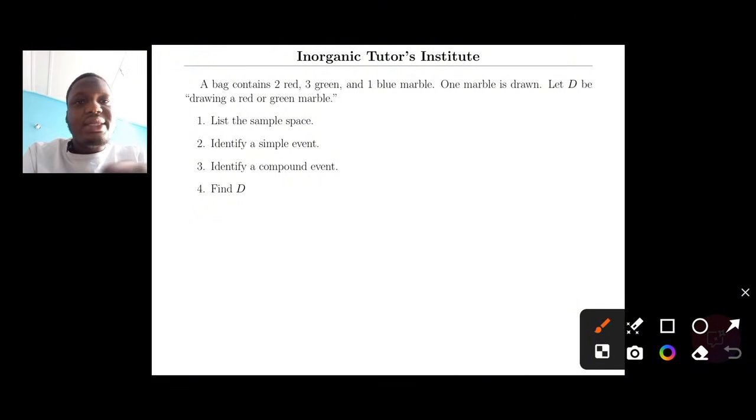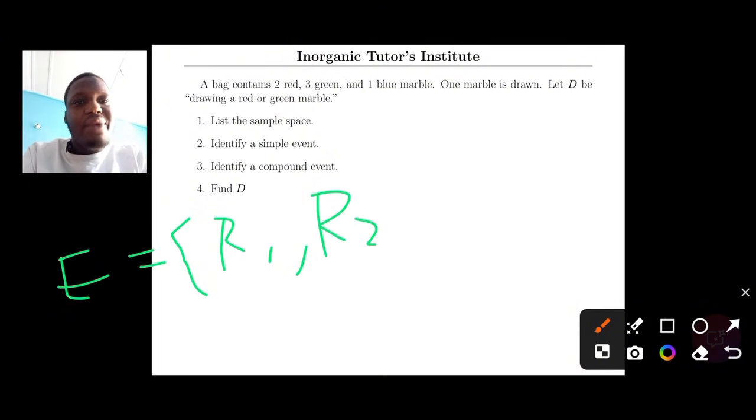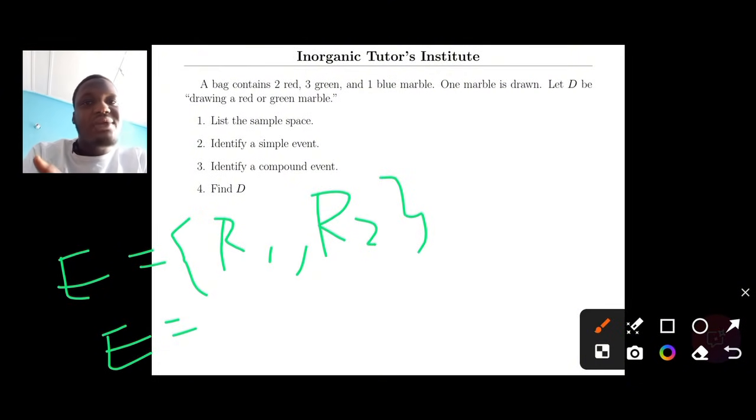So we also have to identify a compound event, which is the event of getting more than 1 outcome. So we can have the event of getting a red marble. When you say red marble, it's either the first one or the second one. Or the event of getting a green marble: the first green, the second green, or the third green. Or the event of getting a blue marble or a red marble.